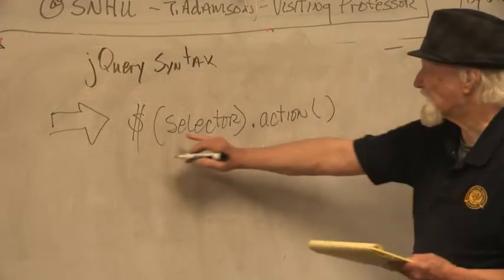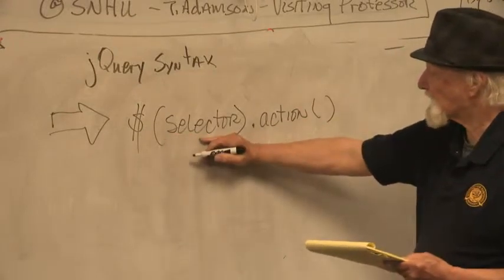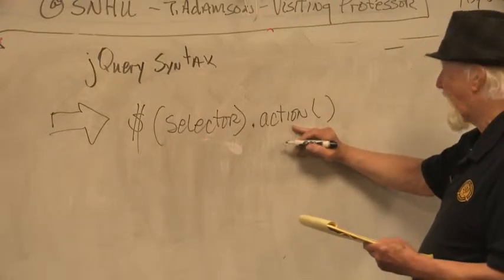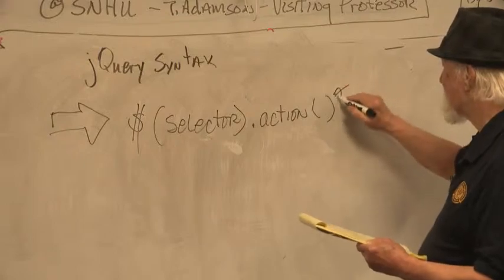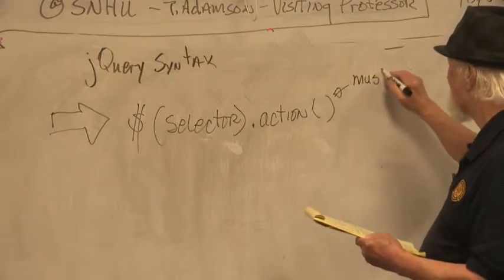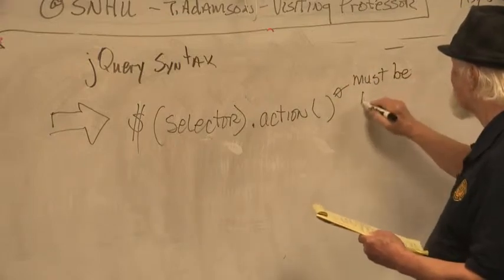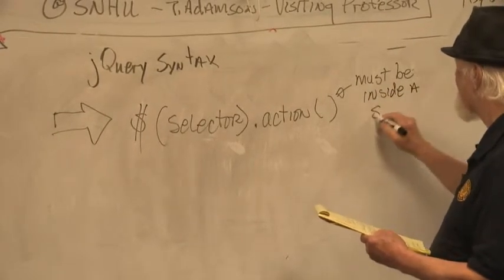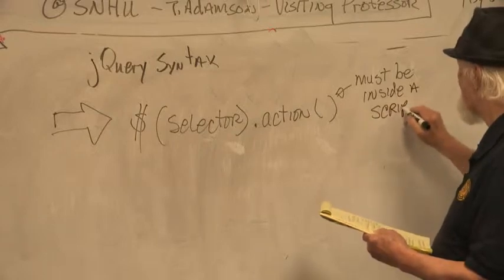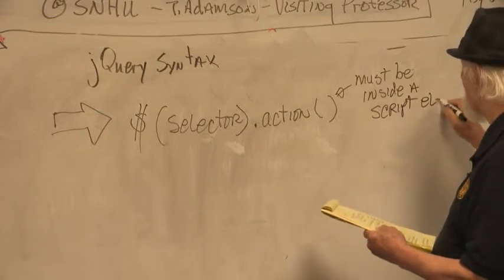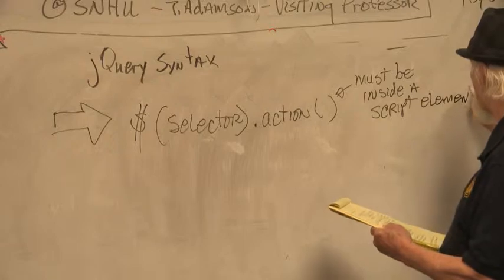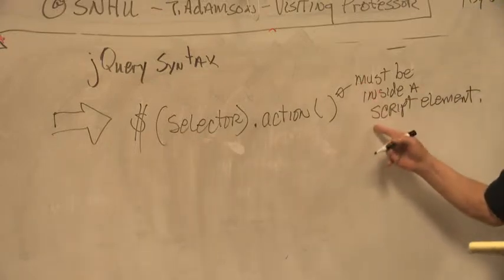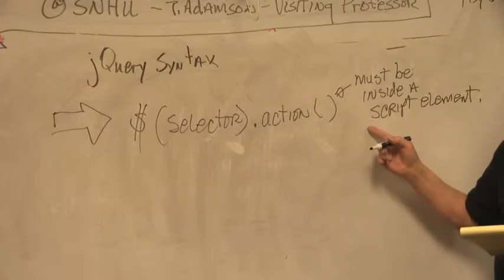So this is the basic syntax: what it is I'm selecting, and then what action I want to have upon it. And this must be inside a script element. Keeping in mind that this is JavaScript, it must be inside a script element on my HTML document.